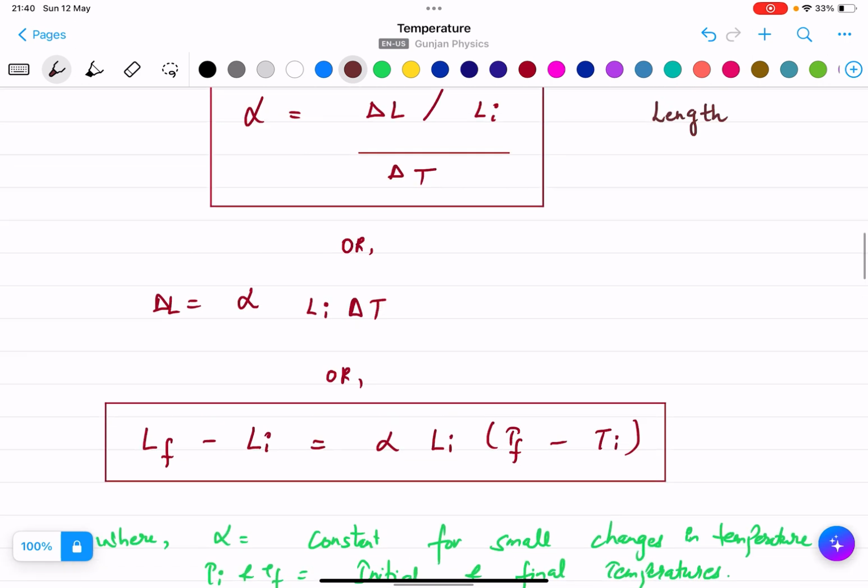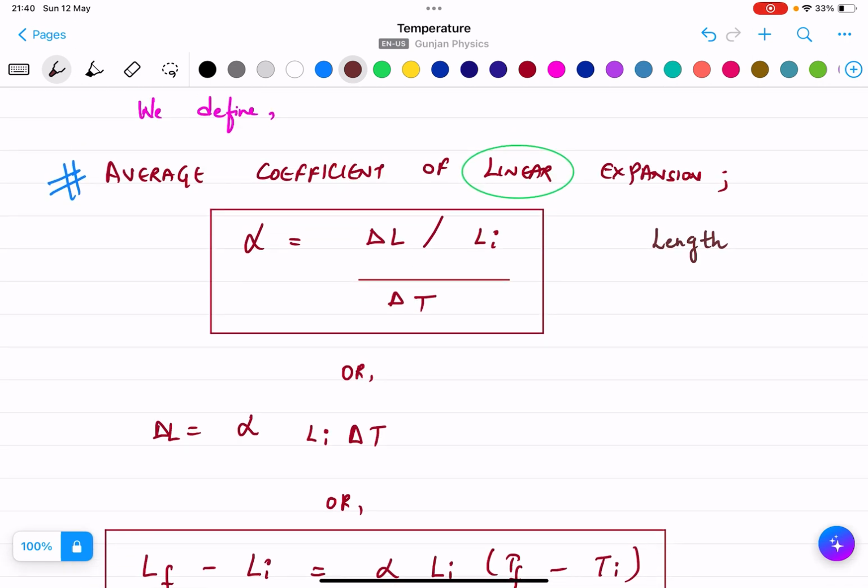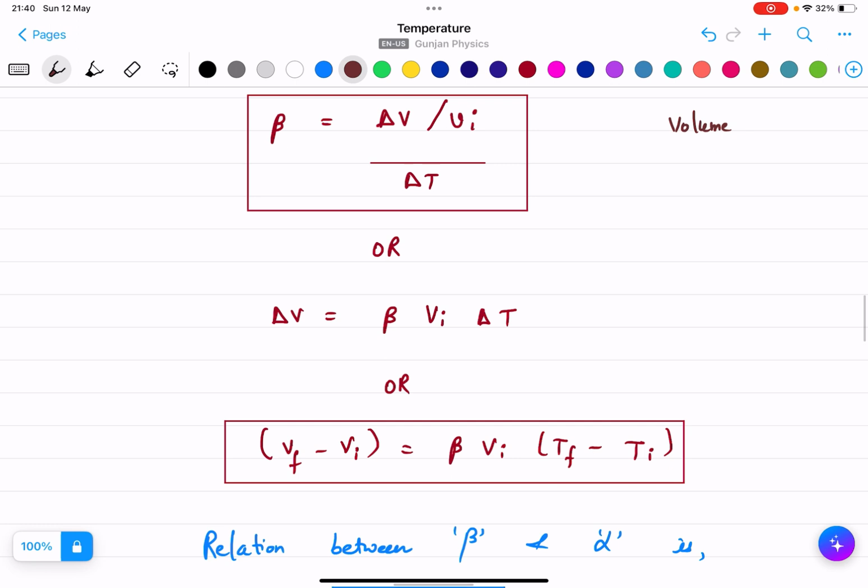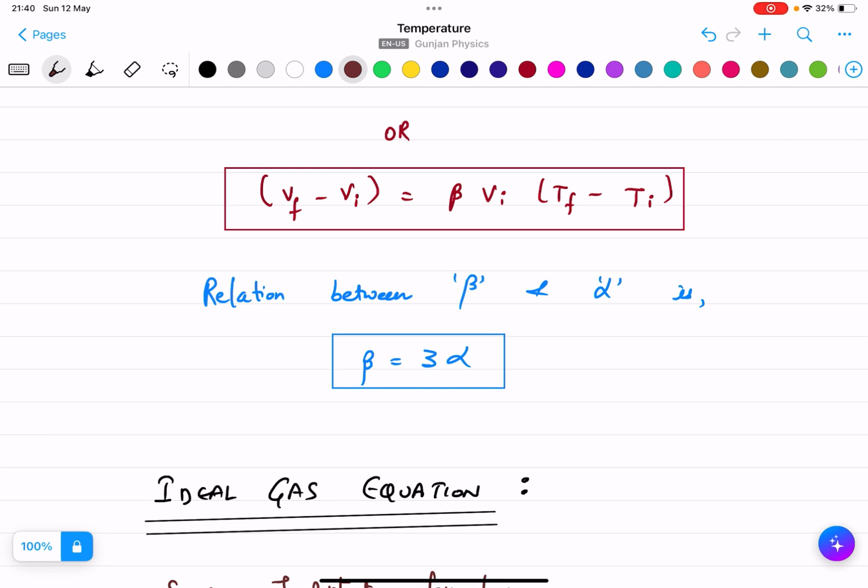So it's the same formula, delta L over Li over delta T; for beta, it's delta V over Vi over delta T. Delta V equals this if we multiply it, where delta V is Vf minus Vi, so delta V equals beta Vi delta T, and delta T is Tf minus Ti. Now, what is the relationship between beta and alpha? This formula you also need to remember: beta equals 3 alpha.